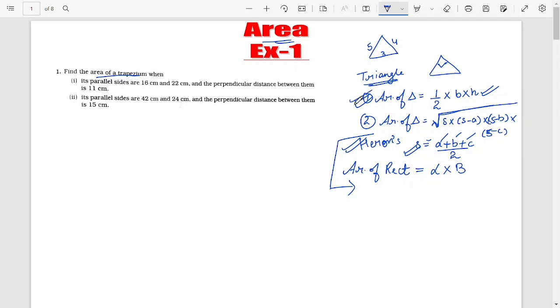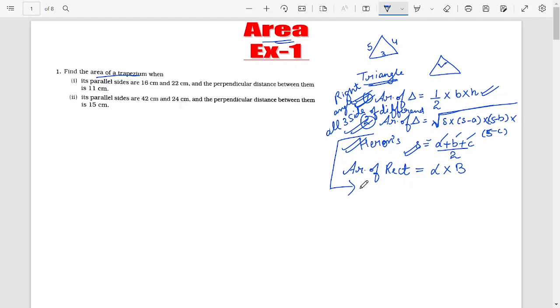The first formula is for the right angle triangle. The second formula for the area of a triangle is used when all three sides of different lengths are given, then we can use Heron's formula.